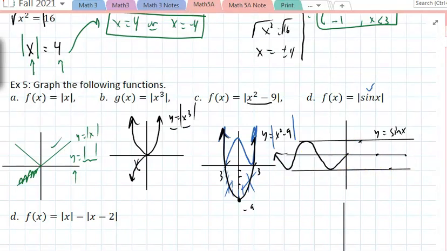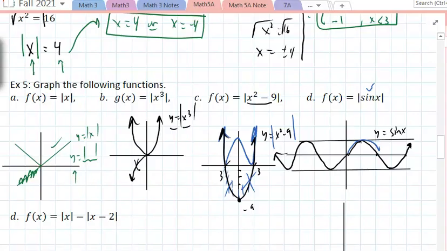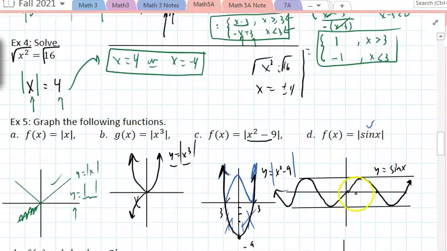Actually, let me keep it in. What that does, that will take the negatives, so the positive you leave, that will take this negative part and reflect it.